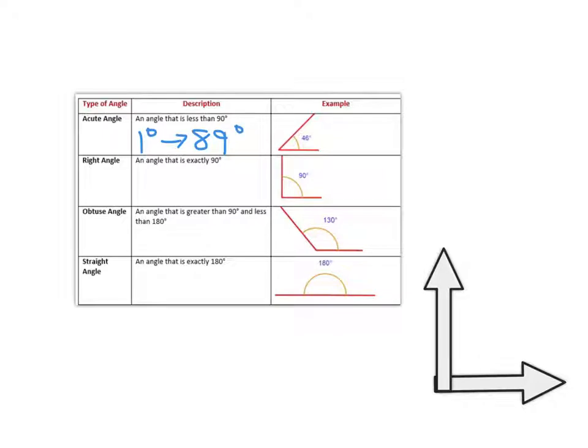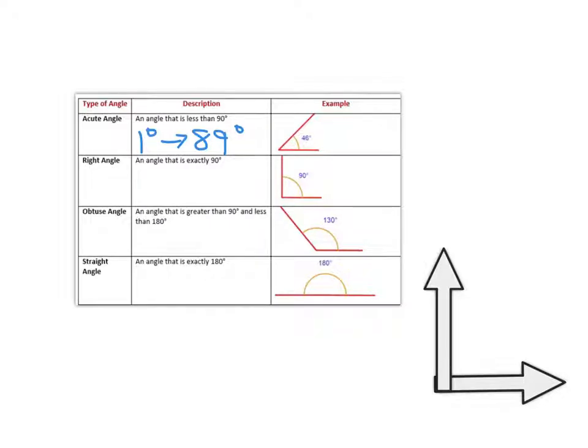And we're going to measure on a protractor, and I'll be showing you that a little bit later. But anything that measures 1 degree, which is that teeny tiny little angle, all the way up to 89, just before it reaches 90, those are acute angles. And I remember that by thinking, oh, they're acute. They're little cute angles. So they're the smaller angles.